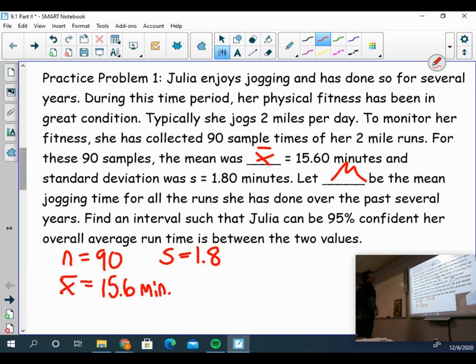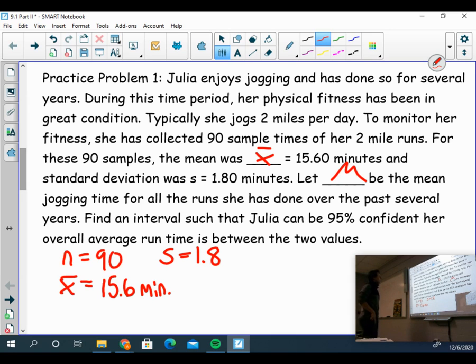And again, this is just one sample, right? The sample size is 90, but we could imagine if she did another 90 days, her x̄ might be a little different. And if we had, let's say, 10, 20, 30, 100 different sets of 90 days, all those x̄ values would create a normal distribution.